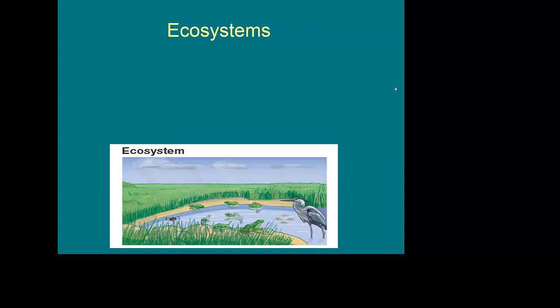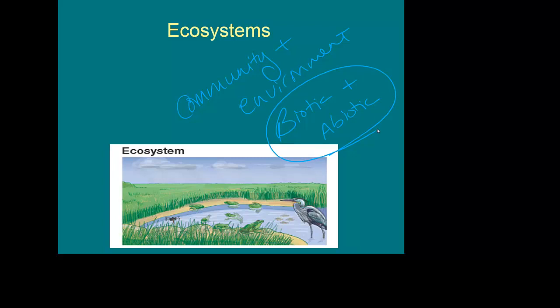If we add ecosystems, if we talk about an ecosystem level, so that is, when we look at it, a community, so all of the species in an area, plus the environment. So we talk about this as being biotic, the living, and the abiotic components of an area.